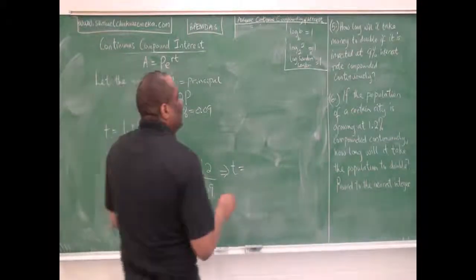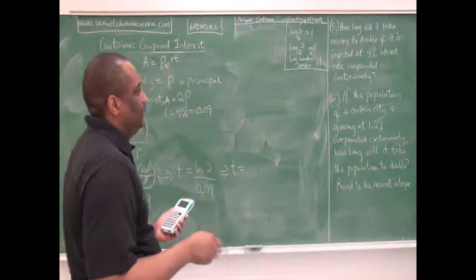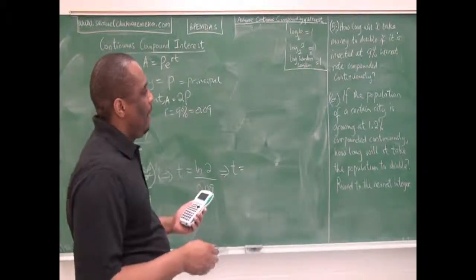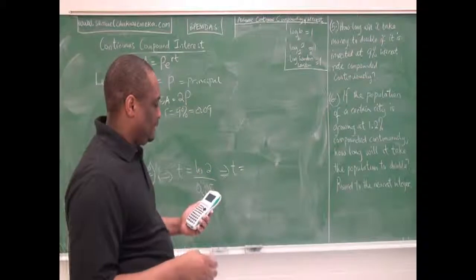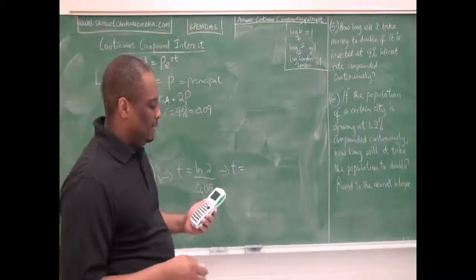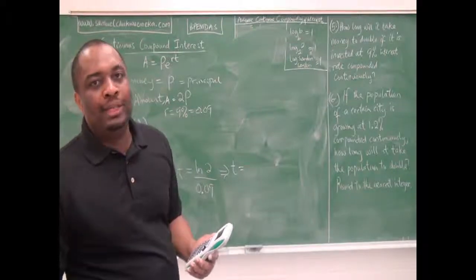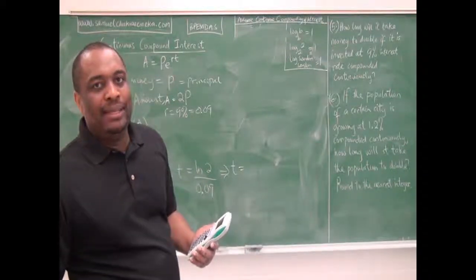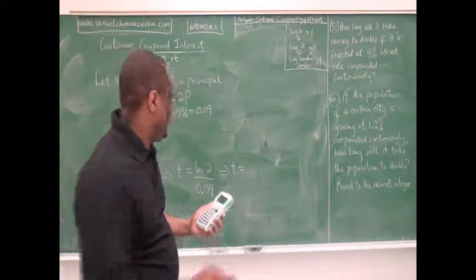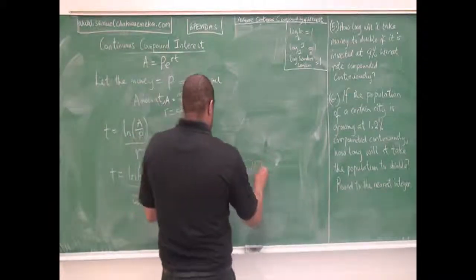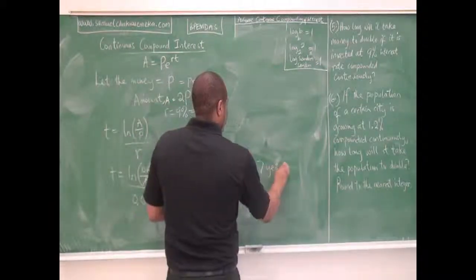In this case, they didn't tell us to round, right? Assuming they tell us to round to one decimal place, or to the nearest tenth, that will give us 7.7 years. I don't know whether it's what you got.